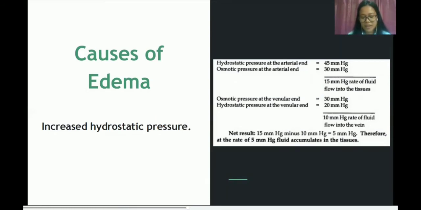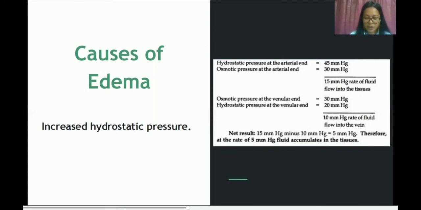In a person with a normal hydrostatic pressure and osmotic pressure at the arterial end of the capillaries, the rate at which fluid flows into the tissues is 15 mmHg.